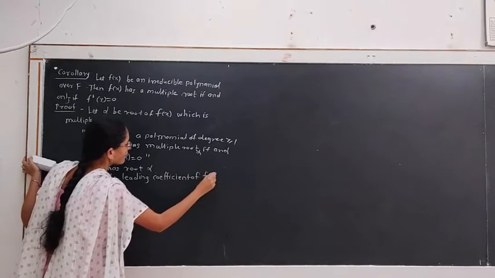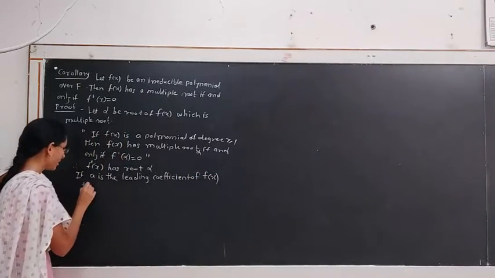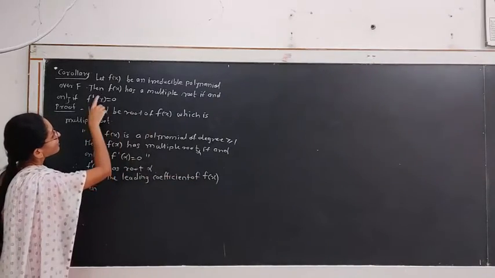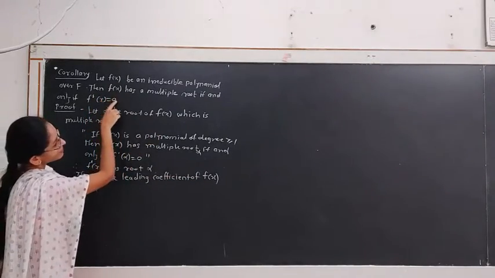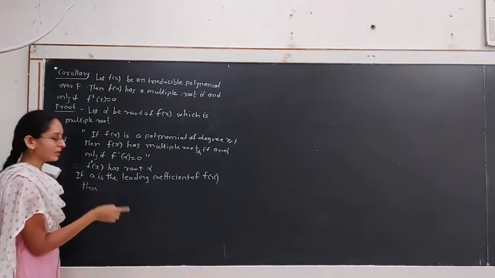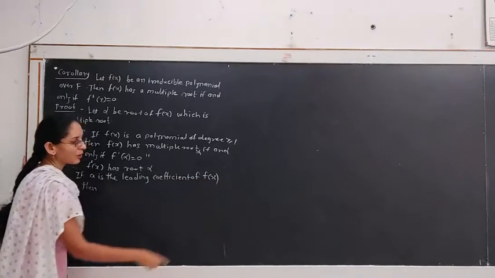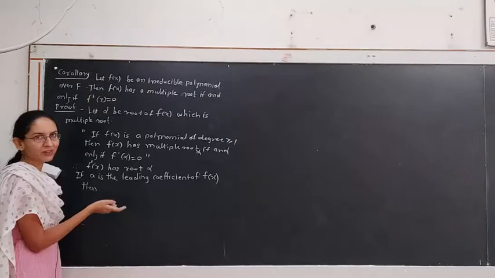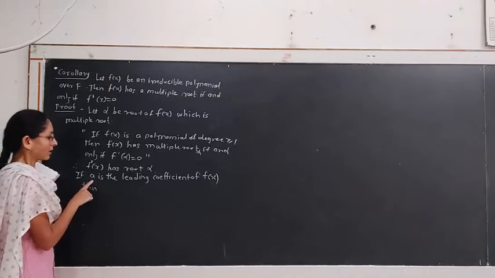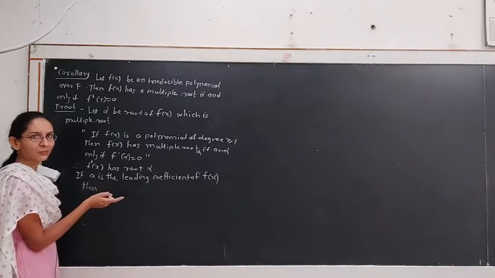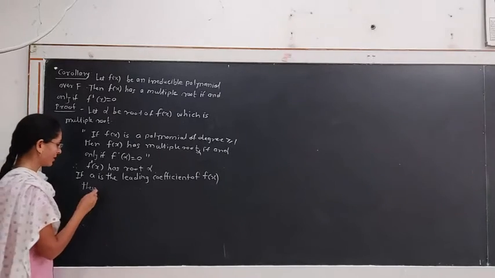If a is the leading coefficient of the polynomial f(x), then where is the polynomial f(x)? f(x) belongs to F[x], some field F, then a belongs to that field. As a is the leading coefficient of the polynomial f(x), a is not equal to 0, otherwise the degree of f(x) will change. As a is non-zero, a inverse exists and the product a inverse into f(x) belongs to F[x].